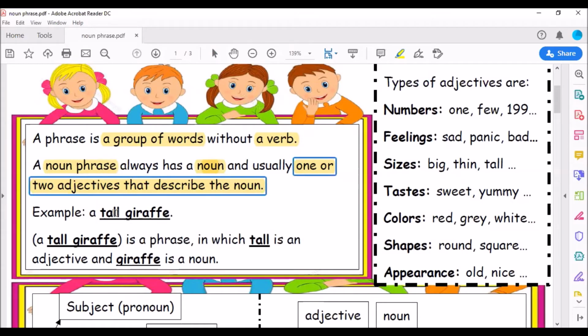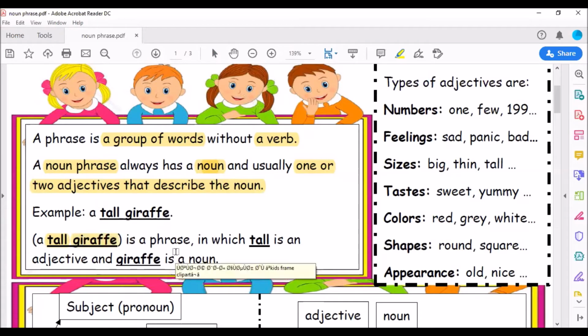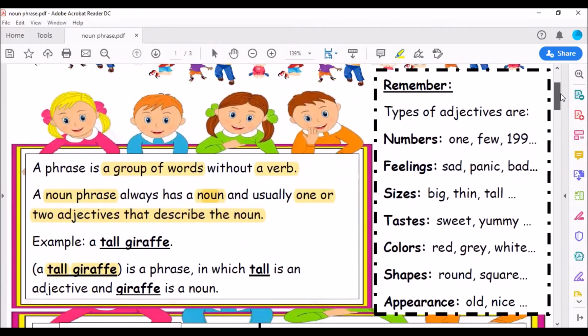For example, a tall giraffe. Look here, a tall giraffe. Tall giraffe is a phrase. How did I know that? Tall is an adjective and giraffe is a noun. Okay, and here I wrote adjectives for you to remember them. So these are some types of adjectives. These are numbers like one, few, many, 19.